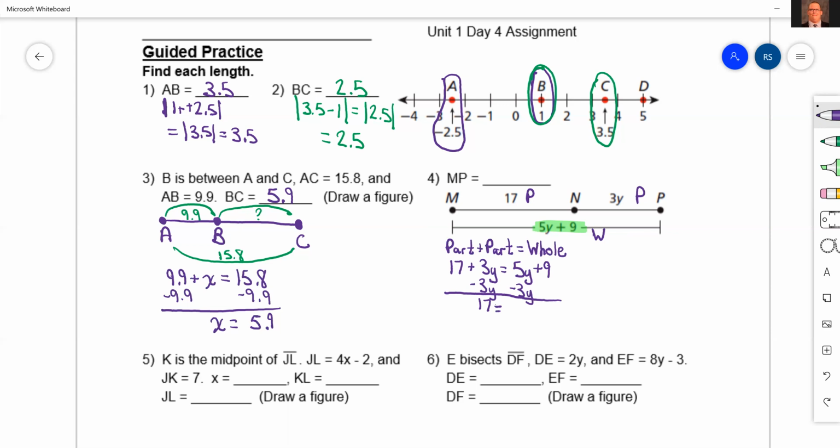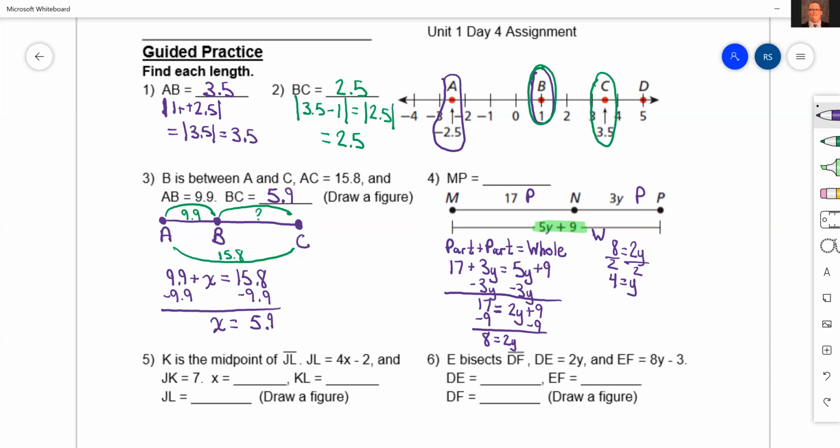I'm just trying to keep my y positive. 5 minus 3, 2y plus 9. Subtract your 9. You're going to get 8 equals 2y. I am out of room, so I'm going to rewrite it up here. Divide by 2. I'm going to get 4 equals y.